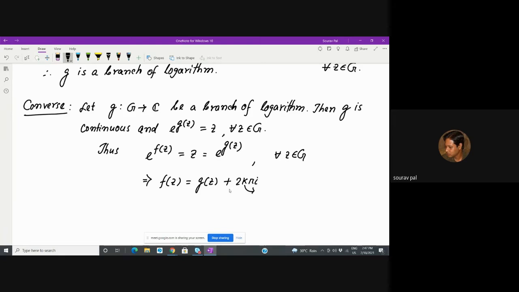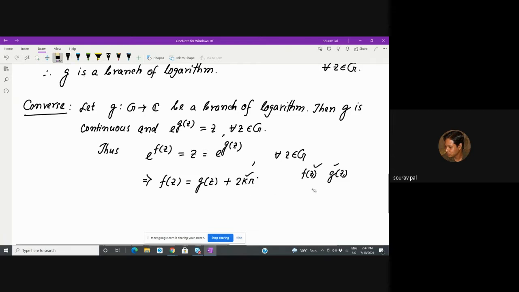But this k will depend upon this z, because here we are talking about two particular complex numbers, fz and gz. And for this, you obtain this k. If you change this z to, say, z1, some other complex number, then this k will change. So this k will be a function of z primarily. Okay, let's see how it goes.